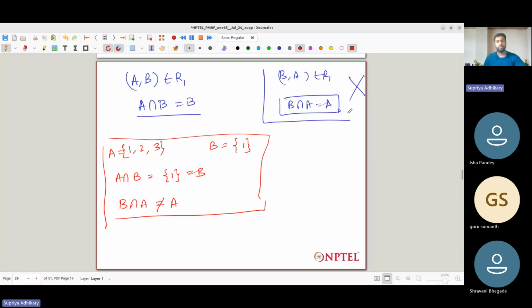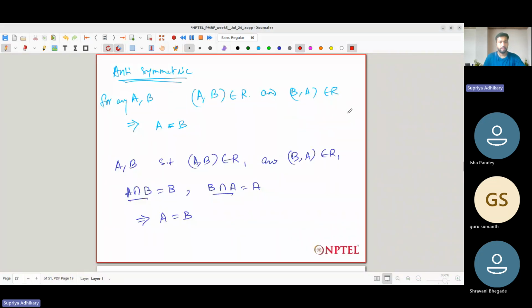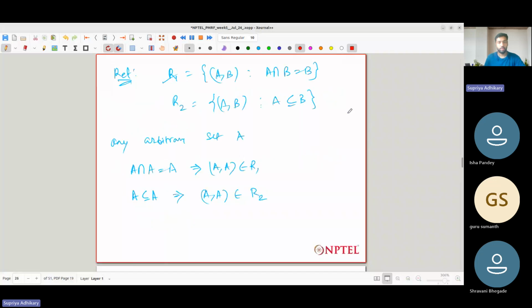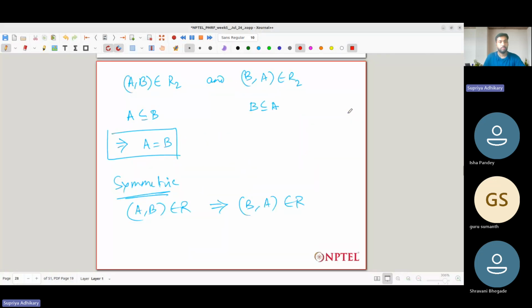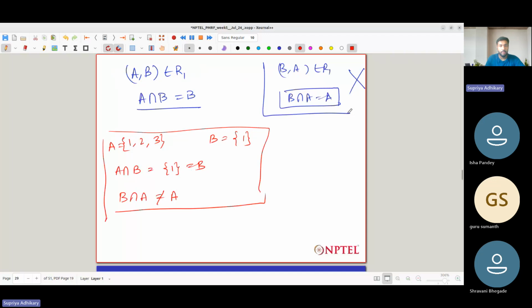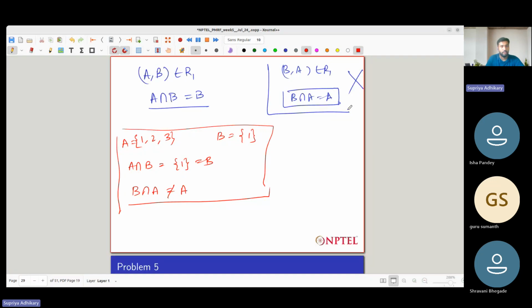And similarly, we can also say that R2 is not a symmetric relation. Why? Because we can take an example.